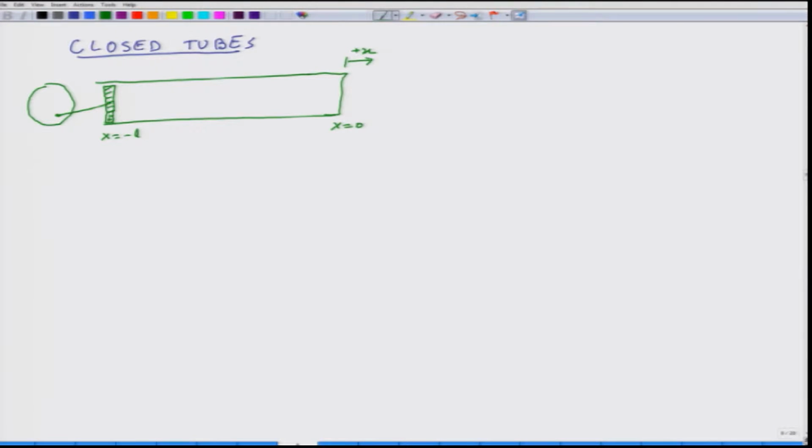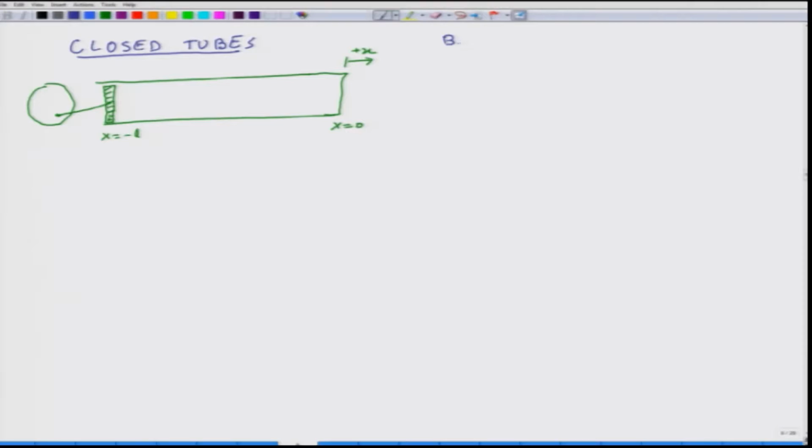Now, we had said that there are two transmission line equations, but there are 4 different unknowns. So, we have to know two additional conditions, and once we identify those, we can use them and the two transmission line equations to develop expressions for the pressure field and velocity field in the tube.